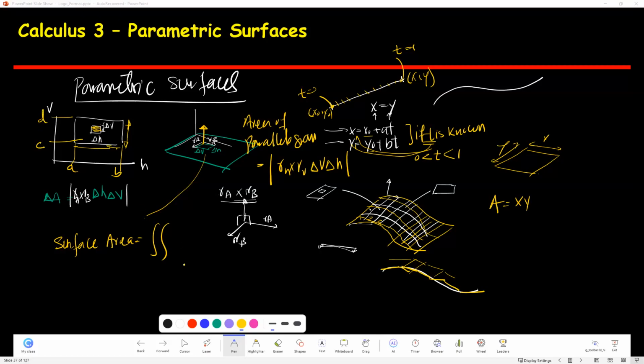If I want to write the parallelogram area, I can write this function inside as the function driver for this integral. So RH, RB, and then delta V, delta H, and the two limits are AB, CD. And this integral actually gives me the area for this whole thing.